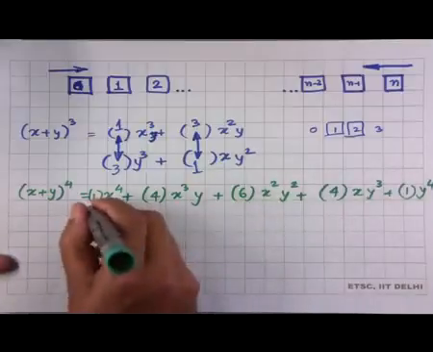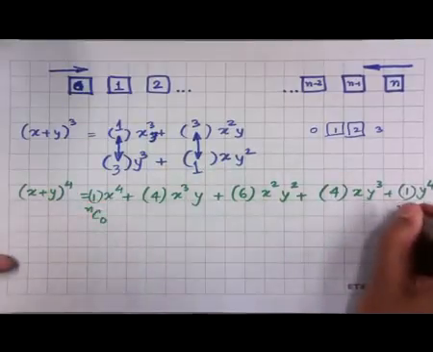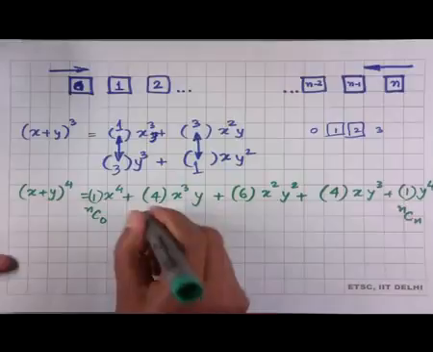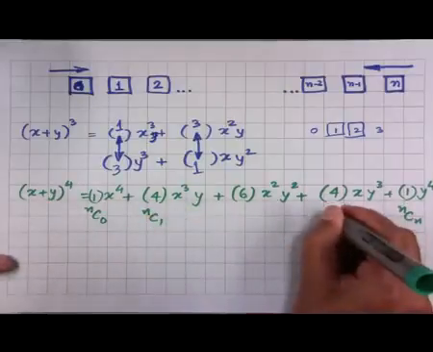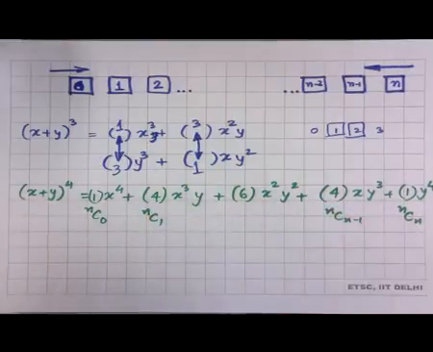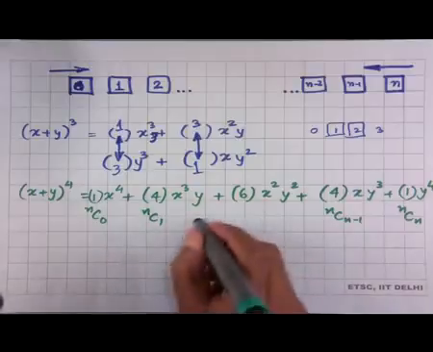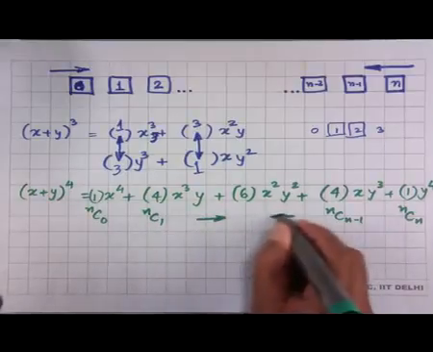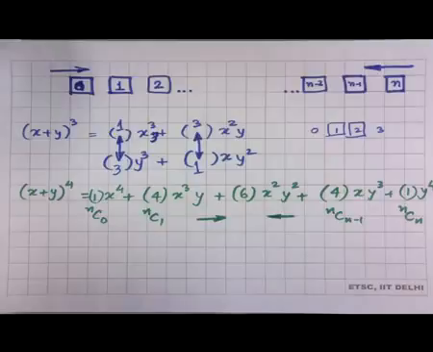This is your n choose 0, n choose n, n choose 1, n choose n minus 1, right. And here the two coincide, there is only one term in the middle, right. Okay. So, this is just an observation.